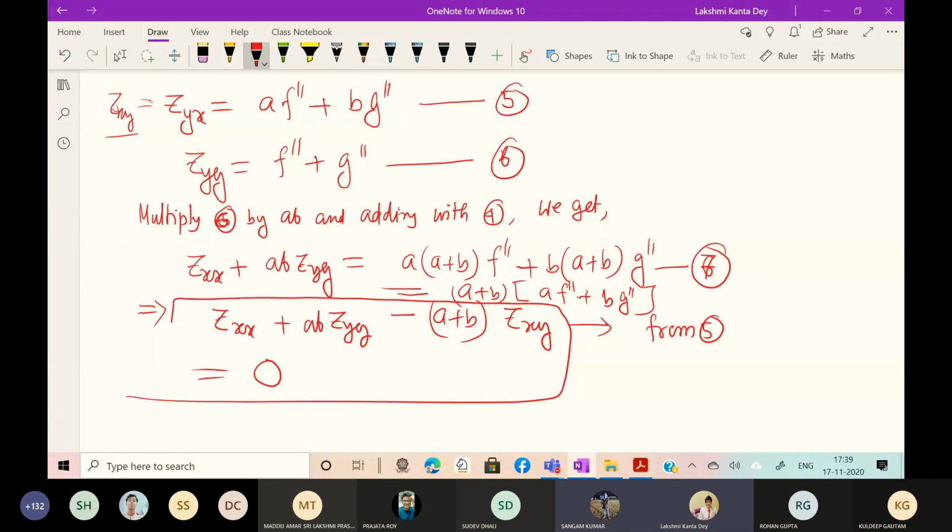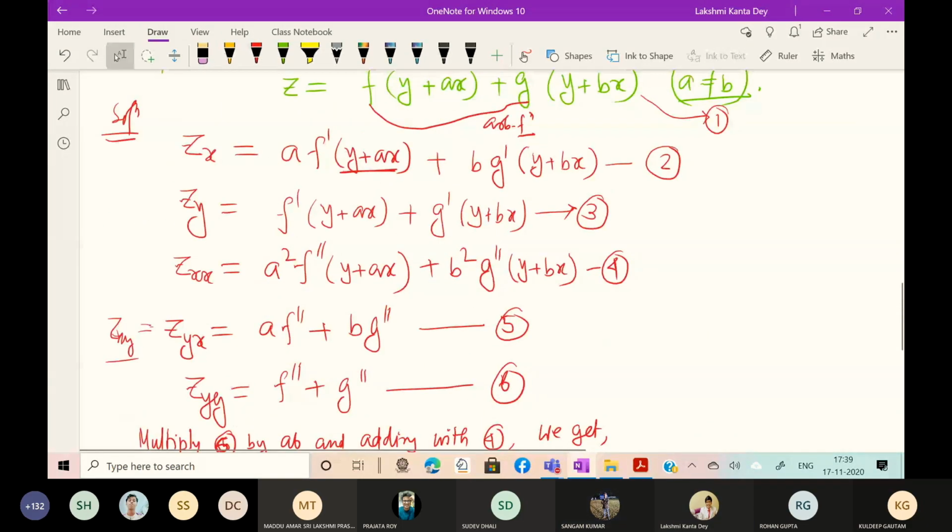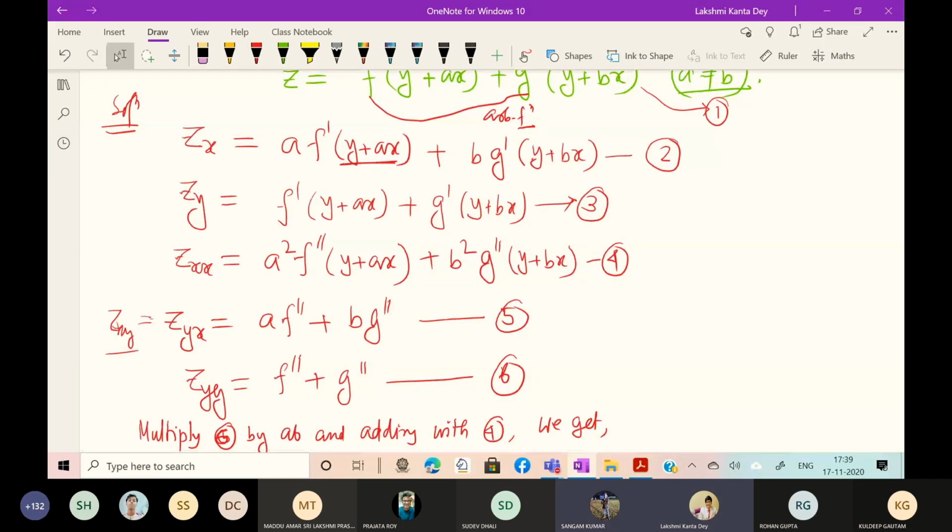Sir, I have a doubt regarding this. Okay, where is the doubt? Sir, analyze equation number 2 and equation number 3. In equation number 2, we assume that there are two variables, f dash and g dash, and two equations are there.